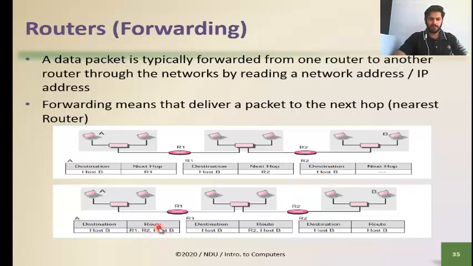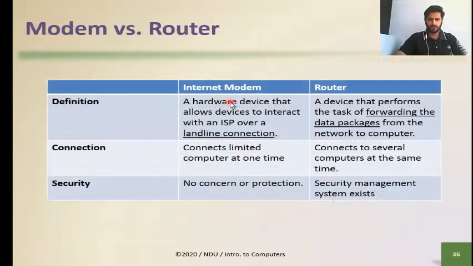The destination remains the same, but the route was calculated earlier by R1, due to the first time communication between system A and system B, or between the clients. So that is a routing table, and this is about routers.